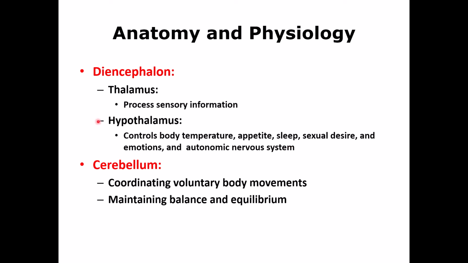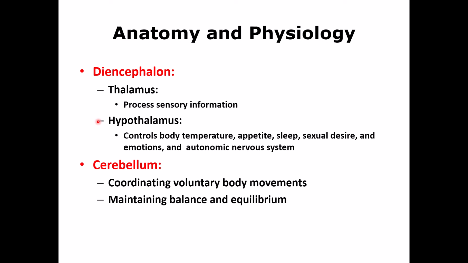So if, for example, the temperature is high, then the body metabolism decreases, and there is also a behavioral change. For example, you take off extra clothes and you turn on the AC.